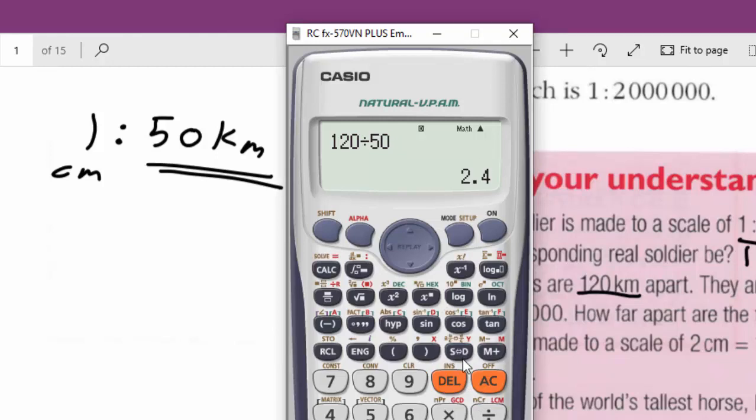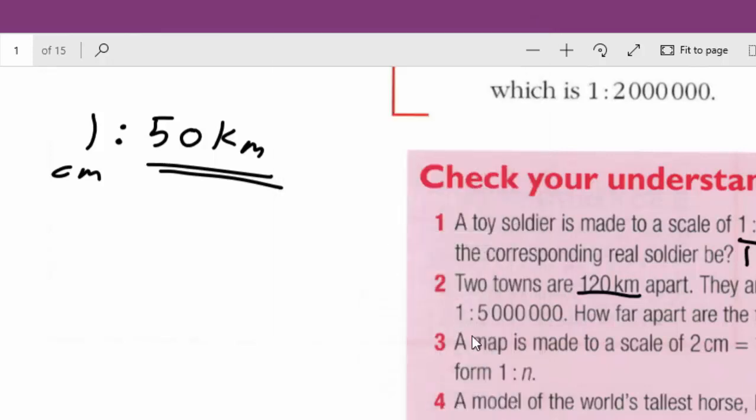It's equal to 2.4. So it means the two towns on the map are 2.4 centimeters away from each other. So the answer is 2.4 centimeters. Or as millimeters, they are 24 millimeters away from each other.